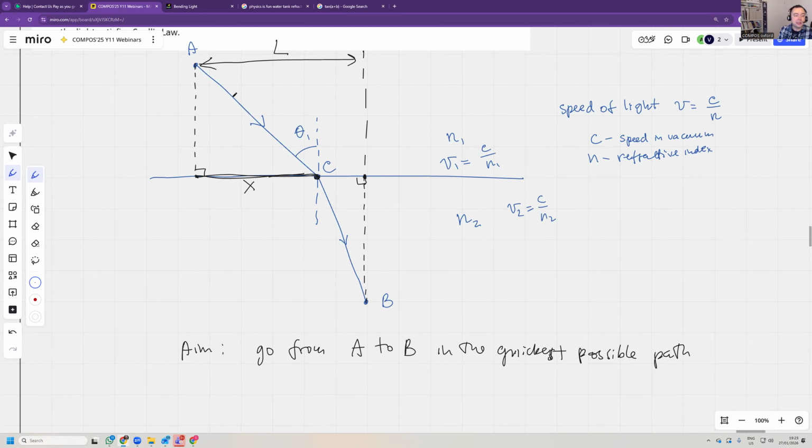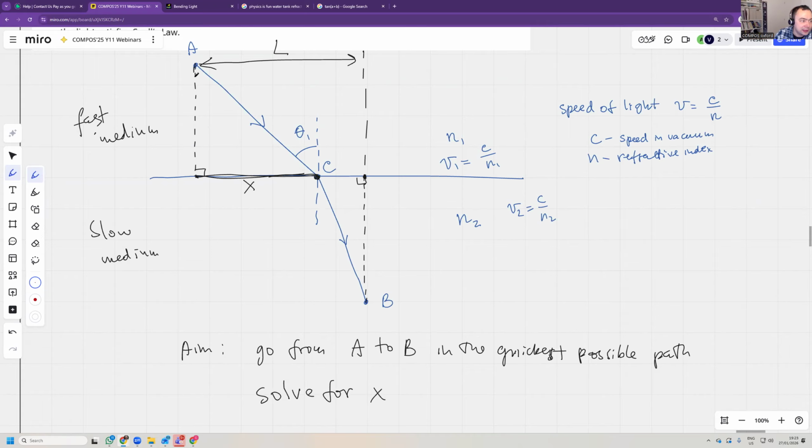In this medium, which is fast, and this one, which is slow, you want to spend more time in the fast medium and less time in the slow medium. That's why your path has to be bent. So you're solving for X, where you hit the boundary.